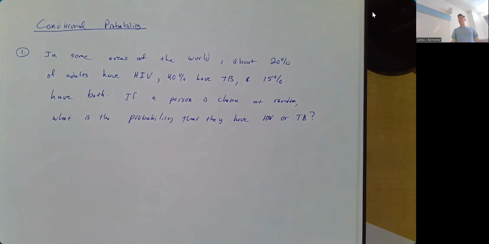In math, when someone says or, they typically mean this or that, and then there's an implied thing that we don't say, but that is meant, or both. So when I ask the question, what's the probability that someone has HIV or TB? I also want to include the people that happen to have both. That's certainly meeting the criteria of having one or the other. We just don't say the or both part.